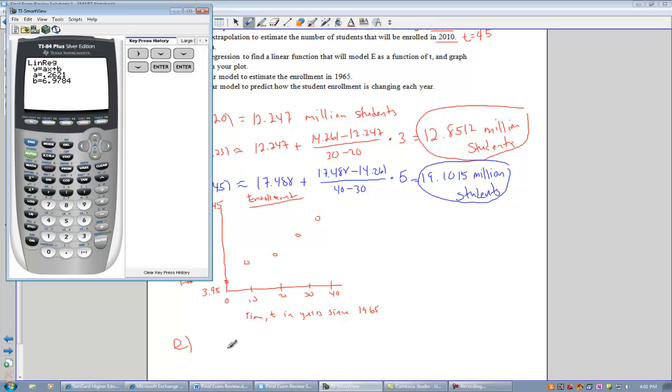And so this is going to equal, I have E, the enrollment is equal to, and then A here says 0.2621, right, times my X. Now, I'm not using X, I'm actually using the letter T, so I'll use T, plus 6.9784.